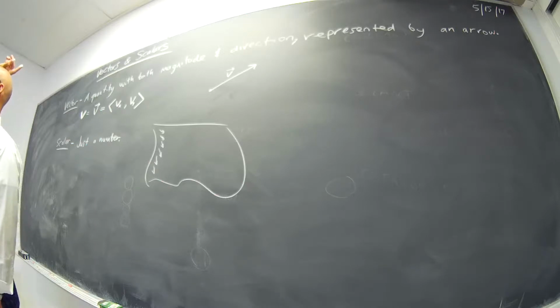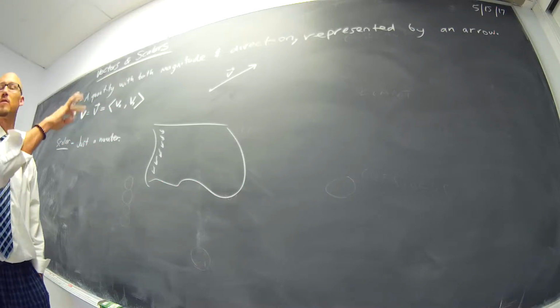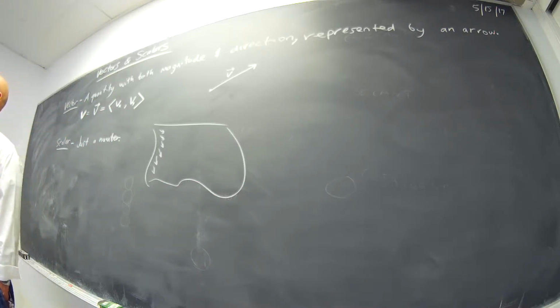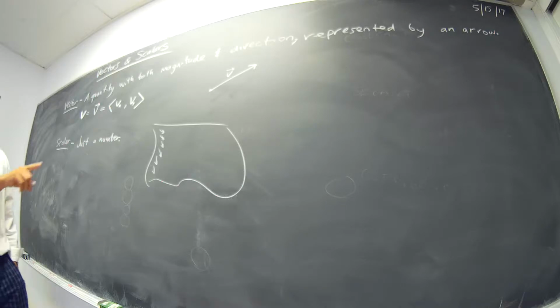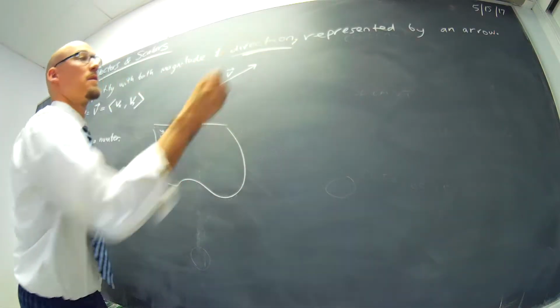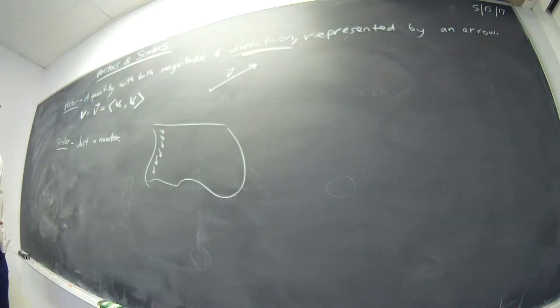Is it 7 numbers or 7 with the units? The units don't change it. So 24 is a scalar and 24 miles per hour is a scalar. So the units don't change it, but once you give it a direction, then it becomes a vector.